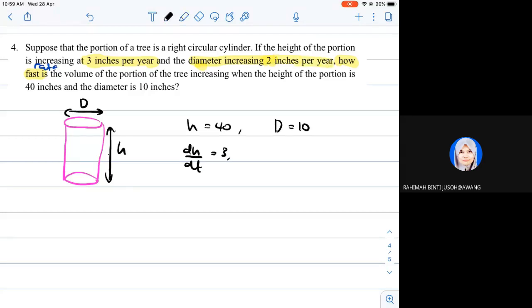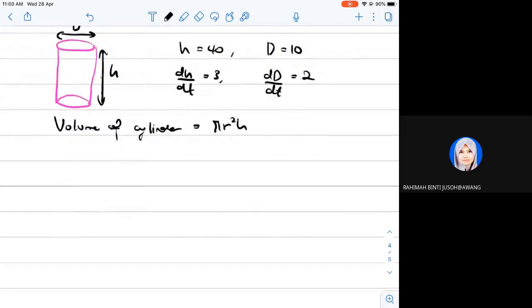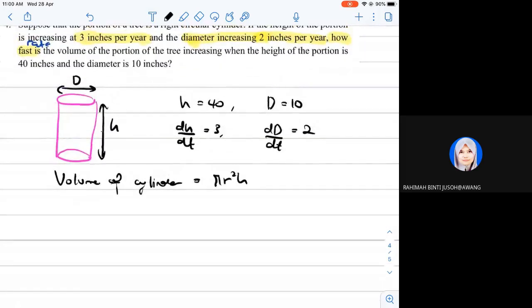So we have rate of diameter equals to 2. Alright. Volume of a cylinder equals to pi r squared h, isn't it? Okay, but now our calculation must involve diameter. Okay, diameter is equal to 2R, right?